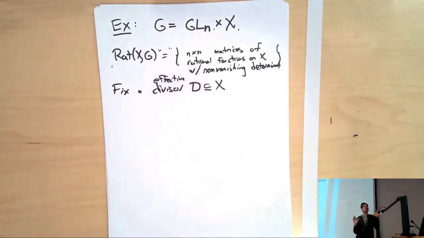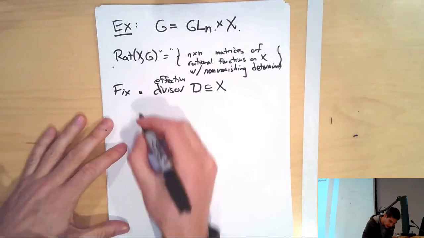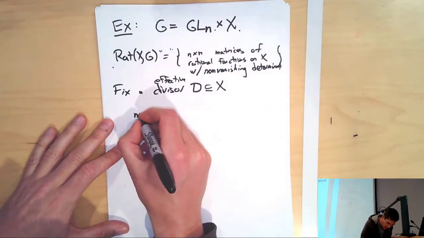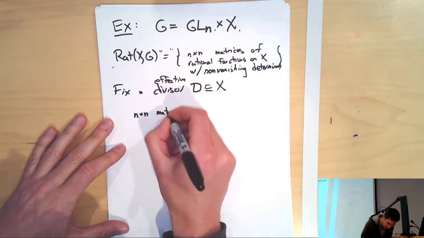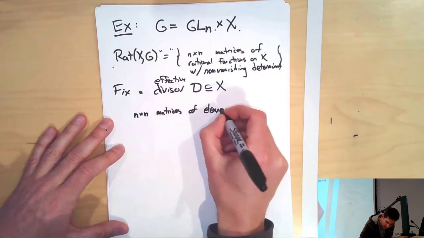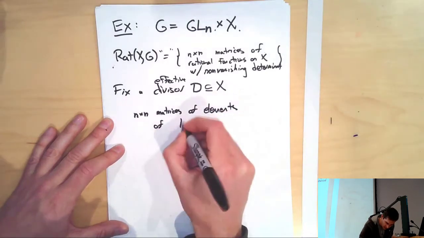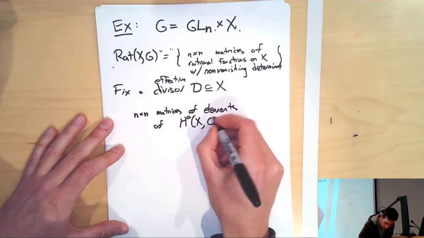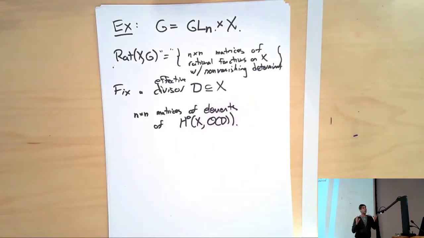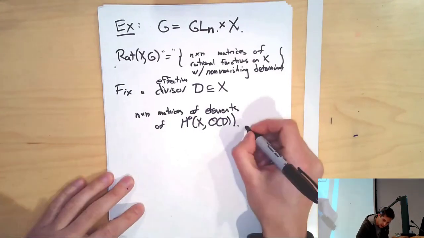And now let me consider something that's an honest scheme. In fact, it's actually an affine space. So I want to consider n by n matrices of elements of H naught of X with coefficients in O of D. So n by n matrices of rational functions on X whose poles are no worse than the divisor D. So this is an affine space.